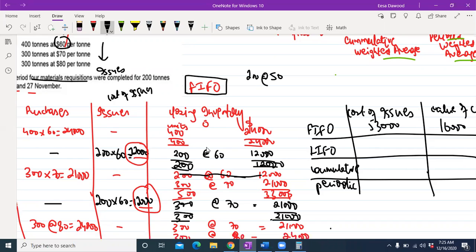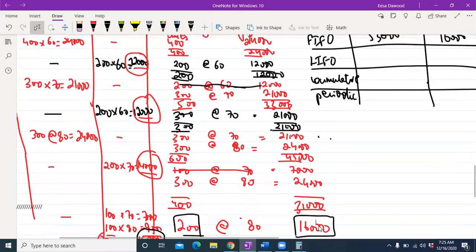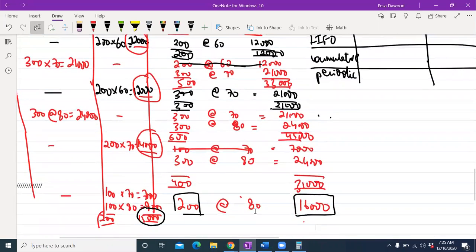In FIFO method, since the prices are rising, we issued the inventory which we received first at the lowest price, right? And as you can see, what was left in the inventory was 280, the costly one. So the value of inventory under FIFO method would be higher than under LIFO method, because in LIFO we would be issuing 60 first, right? Then 70, and then we'll come to 60.